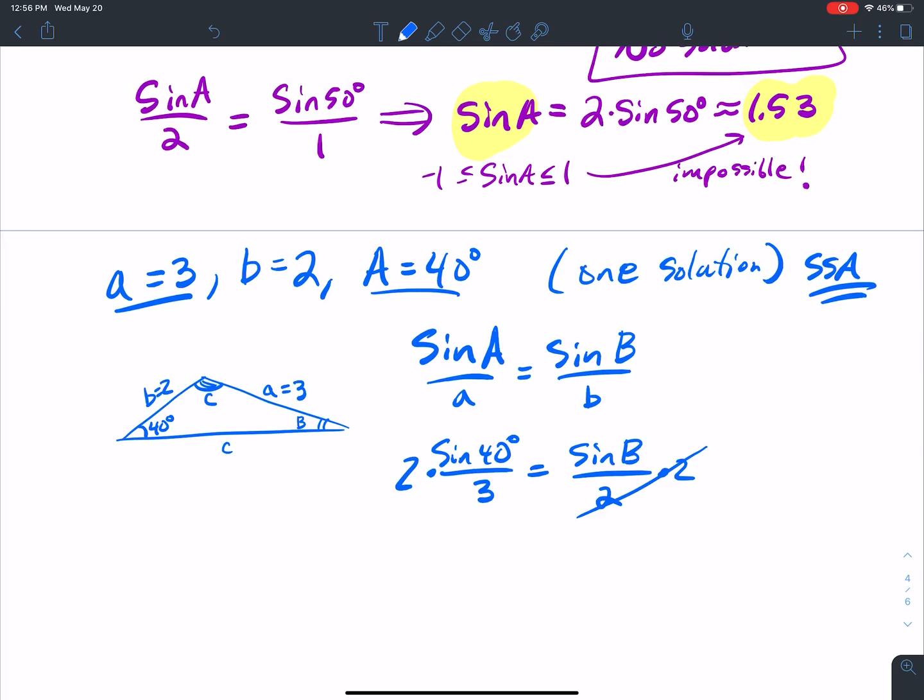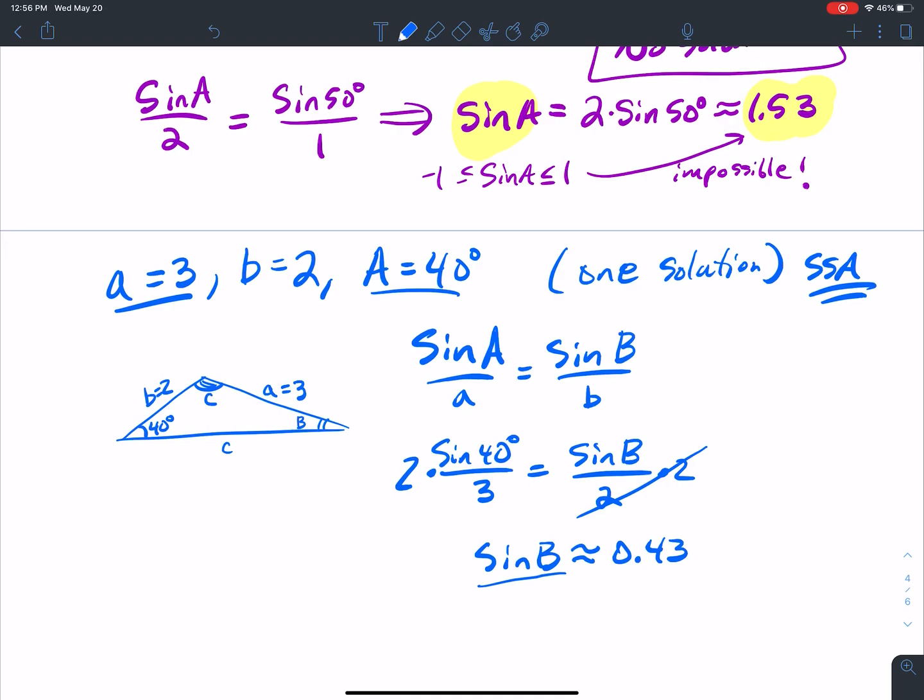And so I get sine of B is roughly equal to 0.43. Now, there are two angles that I can do here for which the sine of B is equal to 0.43.